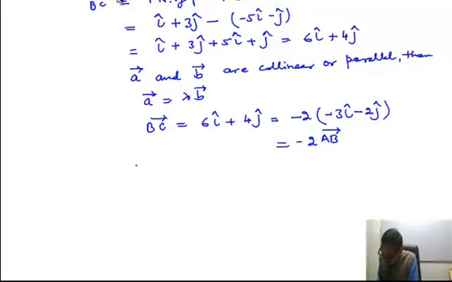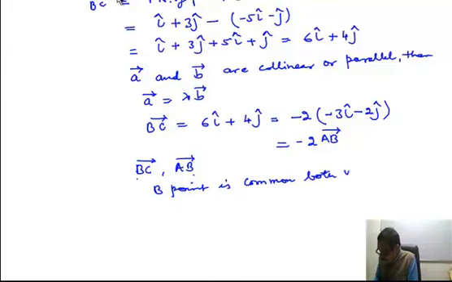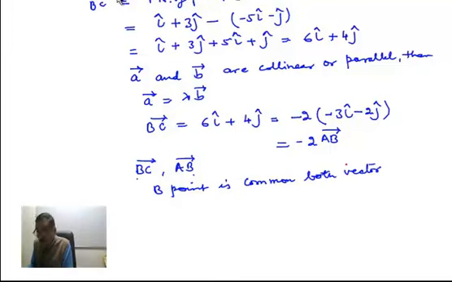Means BC vector and AB vector both are either collinear or parallel. But here we find that point B is common in both vectors. So they are collinear vectors.